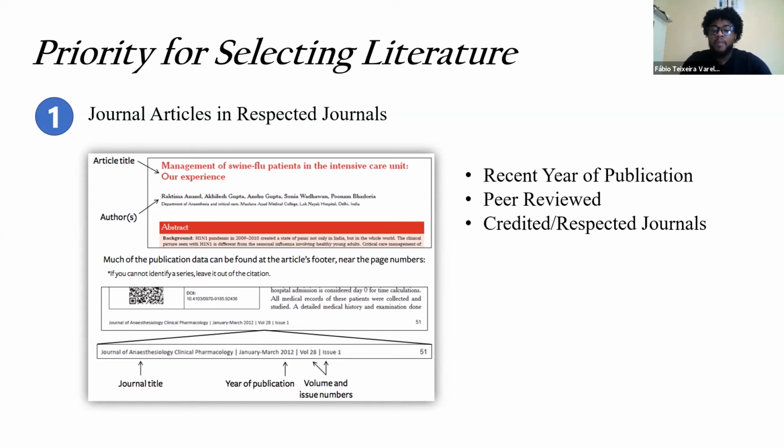So when we're conducting our research, it's always the best option to go for peer-reviewed research, because we know it has been reviewed by several experts. It's also really important that you choose credited and respected journals. We're going to see something about that later.